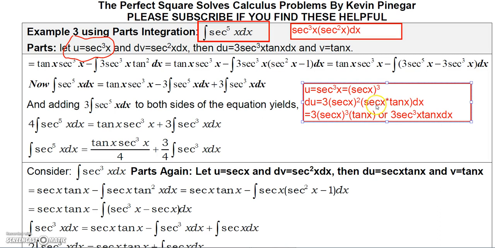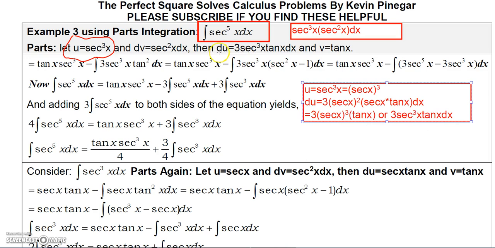So when I multiply this secant x times this secant x quantity squared, I get secant x quantity cubed times tangent x. And then you can put the 3 here, so finally you end up with 3 times secant of x quantity cubed times tangent x dx. So that's your actual du.